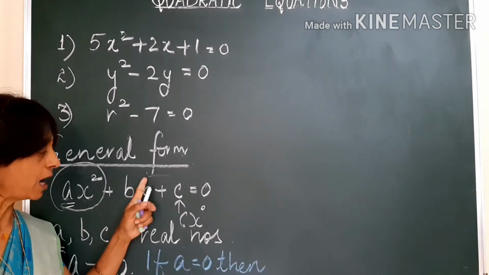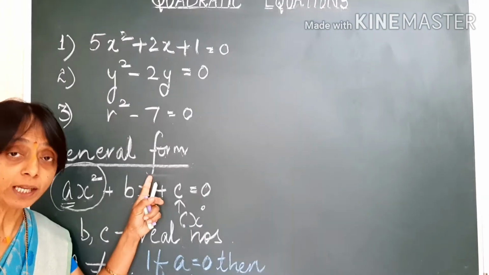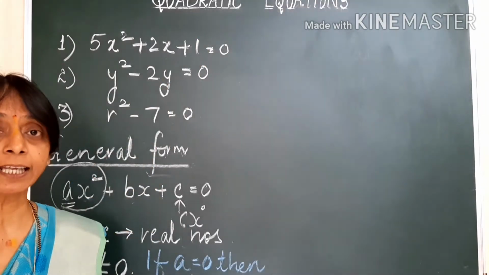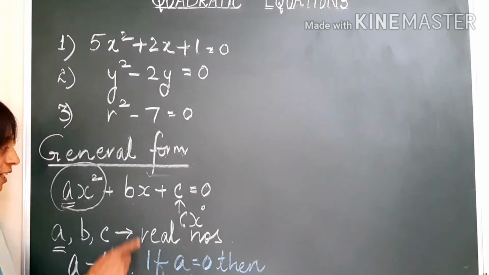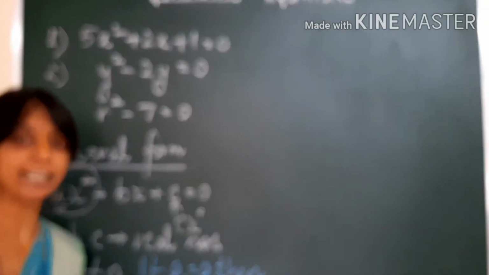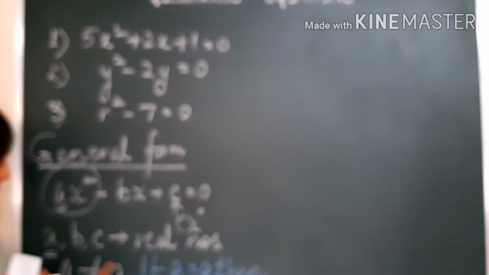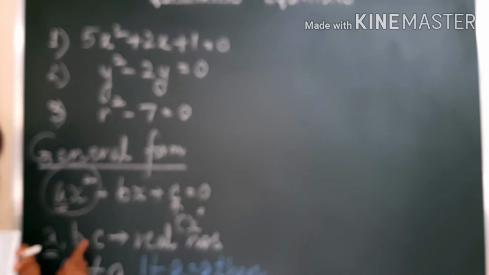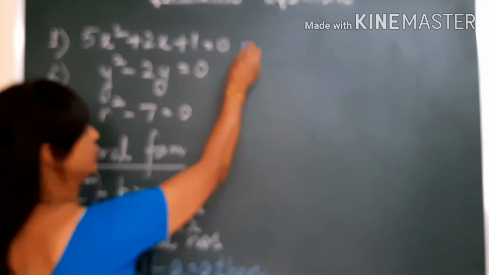That means the power of the variable x becomes 1. So can you call it a quadratic equation? Definitely not. That's why this condition prevails, that if a, b, c are real numbers, a can never be equal to 0. Okay children?